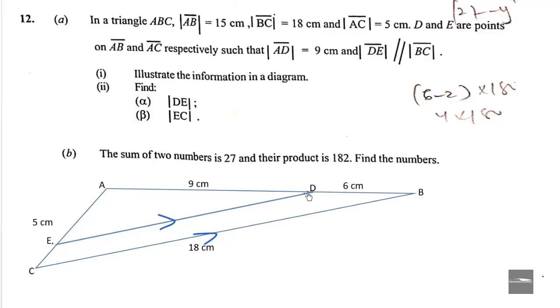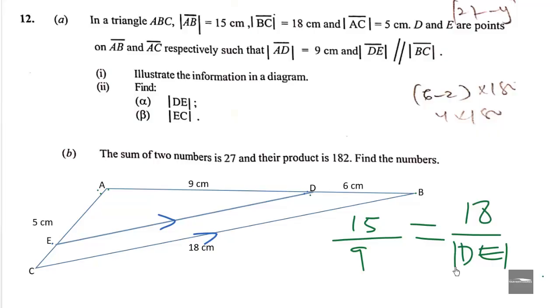So the ratio of line segment AB, which is 15 centimeters, over line segment AD, which is 9, will be equal to line segment BC, which is 18 centimeters, over line segment DE.